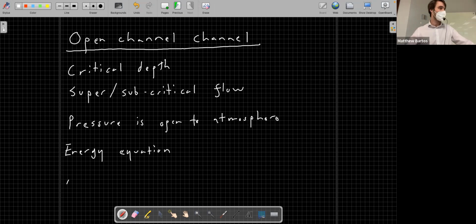There we go. Manning's equation. And that is one that we are going to talk about today. Do you remember under what circumstances you can use Manning's equation? It's possible to use Manning's equation under laminar flow, although usually it won't be.